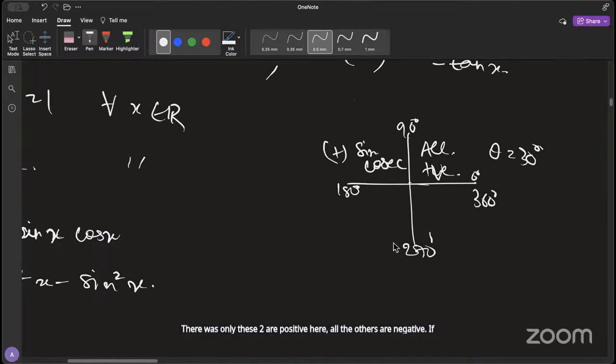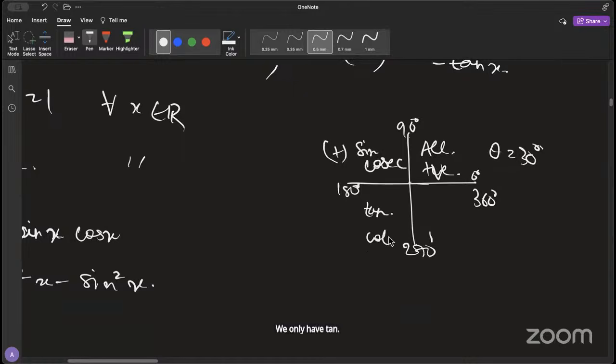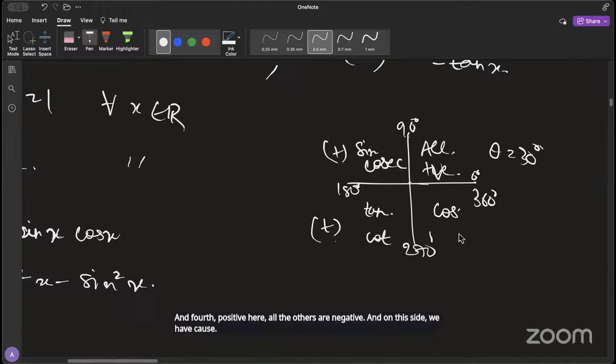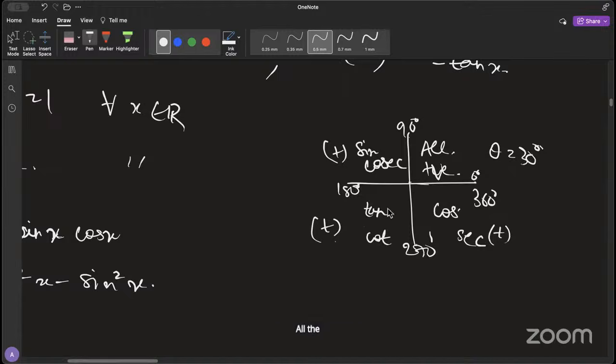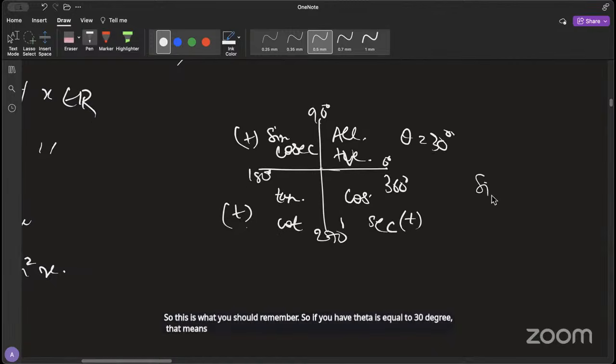If you have it here, we only have tan and cot positive. All the others are negative. And on this side, we have cos and secant positive. All the others are negative. So this is what you should remember. So if theta is equal to 30 degrees, that means sine 30, cos 30, cot 30, all of them are positive.